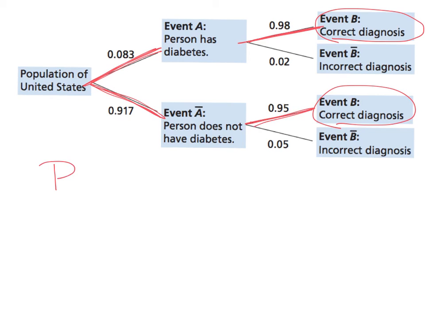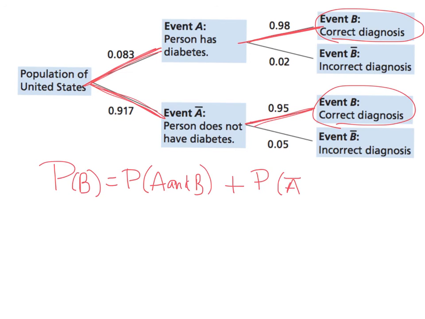So what do I want? I want the probability of B, a correct diagnosis. How do I get there? Well, the first path would be the probability of A and then B. Does that make sense? Probability of event A, and then probability of event B happening. Plus the probability of A bar, which means they do not have diabetes, but then the correct diagnosis, so and B.